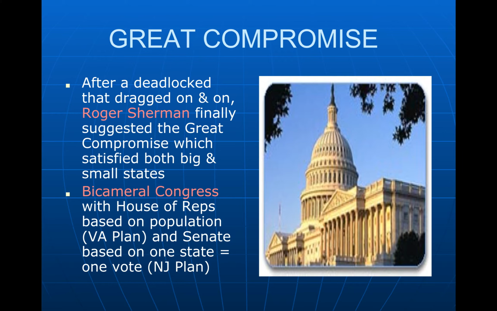It does that by creating a bicameral Congress, meaning two houses, with the House of Representatives based on population, so that satisfies the Virginia plan. And then you have the Senate, which is based on equal representation, so one state equals one vote, which satisfies the small states that were supporting the New Jersey plan.